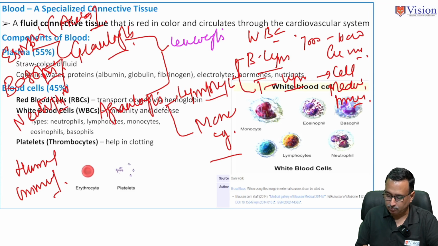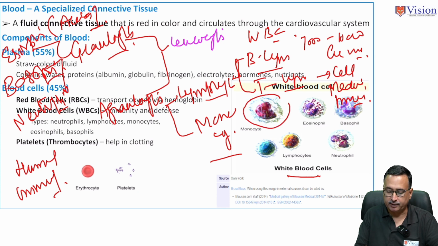And this is a diagram of WBCs. This is a monocyte. It's a giant cell with an almost spherical nucleus. This is an eosinophil, which contains granules in the cytoplasm, and this is the nucleus, which has two lobes. This is a basophil.